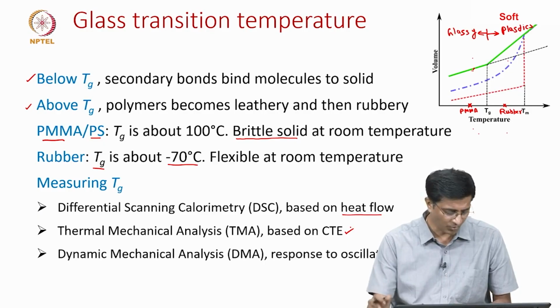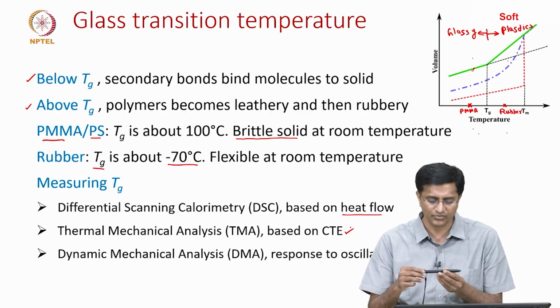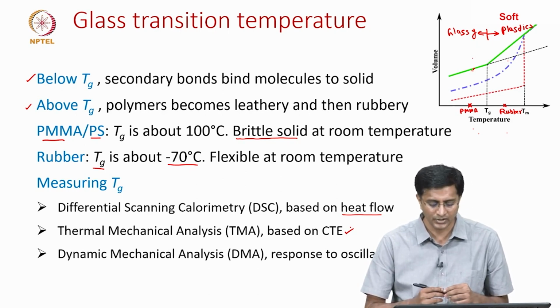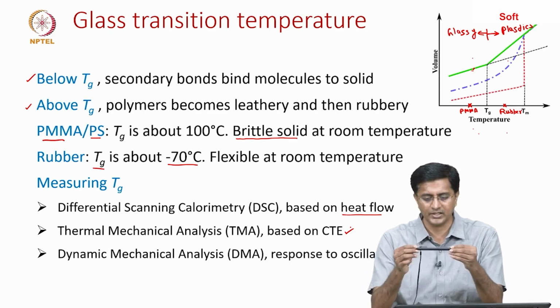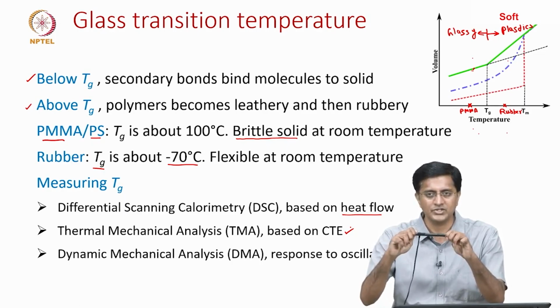And the last and a more precise way to measure the glass transition temperature for a polymer is dynamic mechanical analysis, or in short DMA. Here we give an oscillatory strain, either tension strain, or we bend it or twist it.